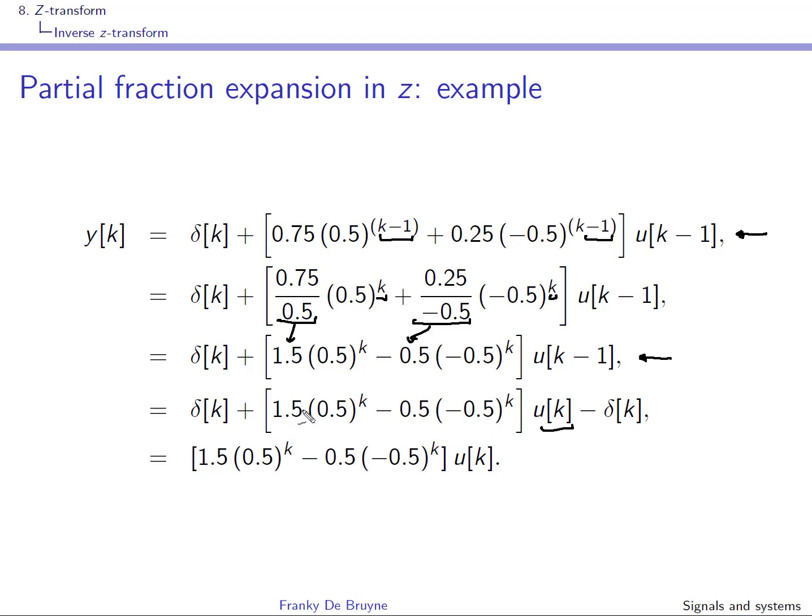So in k is equal to 0, we have to correct and we have to subtract this 1, and this is done by subtracting a unit impulse, because this will subtract 1 when k is equal to 0, and of course the deltas will compensate, and we obtain the expression that we had found in the earlier methods, the one that works with z to the minus 1 and the one that works with z, where you do the partial fraction expansion of y of z divided by z.